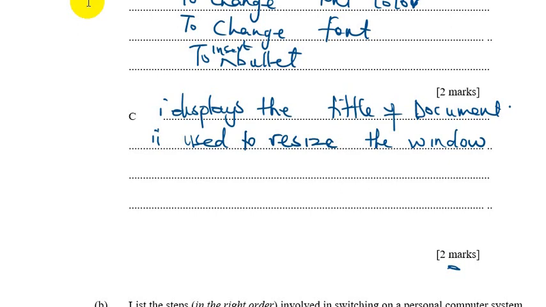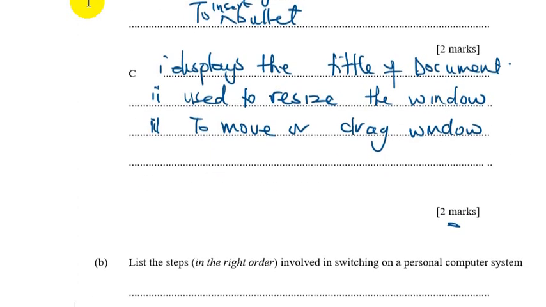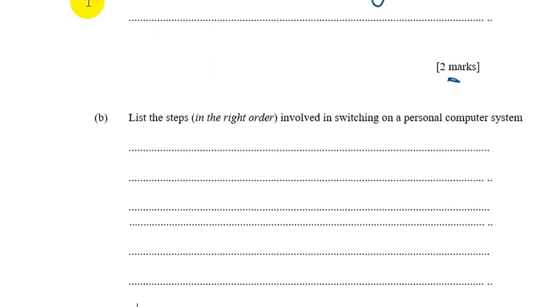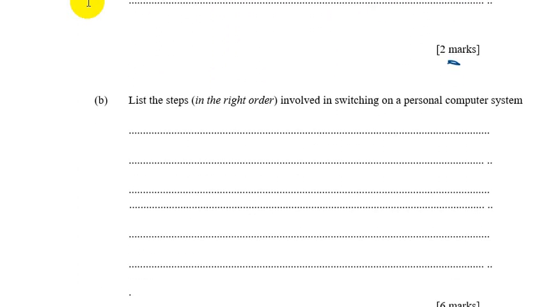We can resize it, and we can also use it to move or drag the window. Maybe when Word opened, where it was, you don't like it, so you click on it, hold it, then drag it to wherever you want, okay.